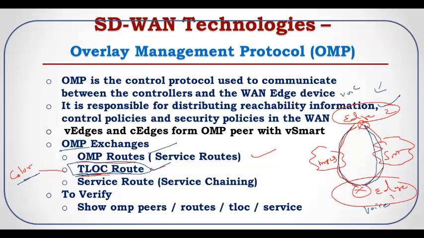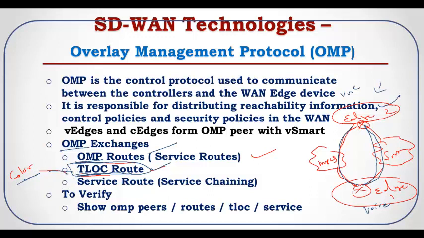All possible routes as per the policy, but we may not be using all the routes for different types of traffic. We'll provide different types of services, different priority. That is what we see in TLOC.